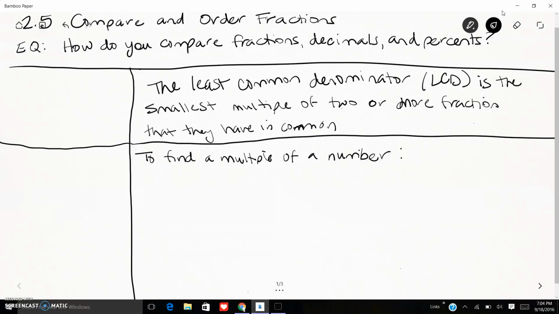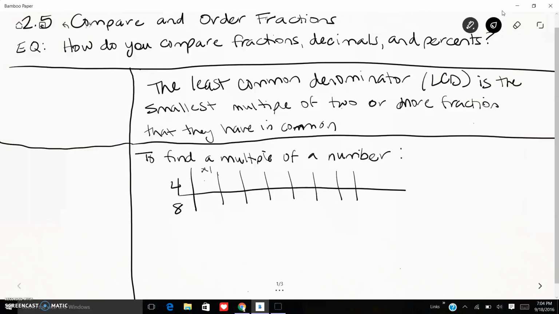So if I have 4 and 8 as my denominators on fractions, I want to list the multiples for 4 and 8 till I find one that's in common, that's the smallest number. All right, so I'm just going to go down the line.